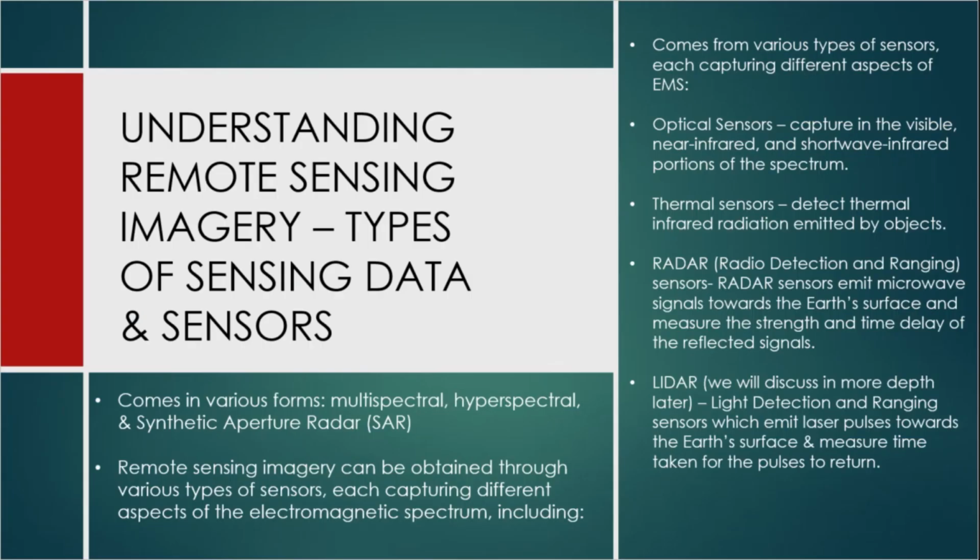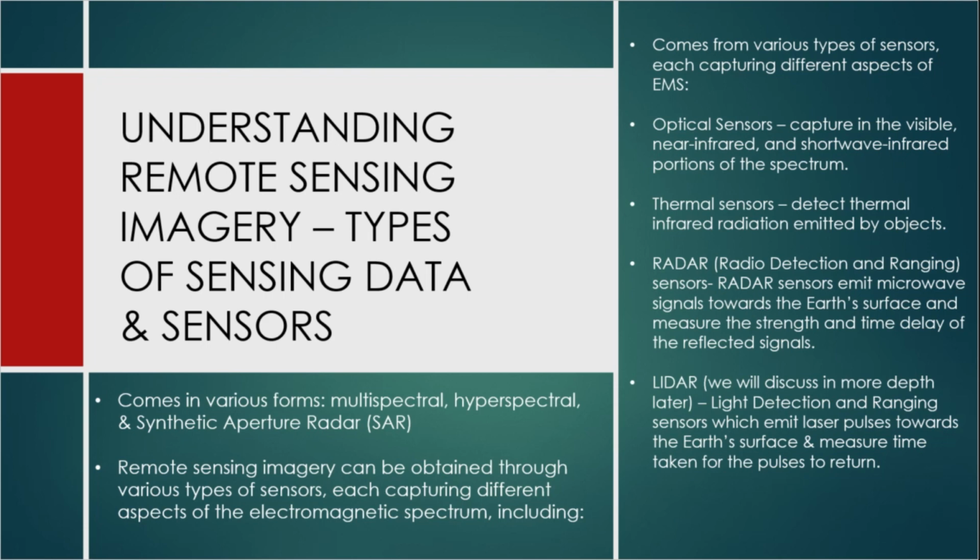Remote sensing imagery comes in various forms, including multispectral, hyperspectral, and synthetic aperture radar, SAR, data, each capturing different aspects of the electromagnetic spectrum. Remote sensing imagery can be obtained through various types of sensors, including optical sensors.